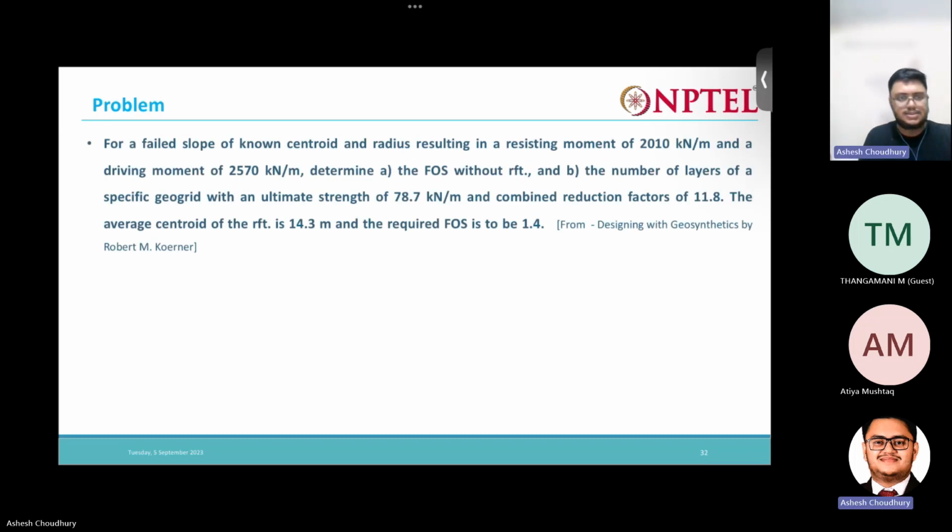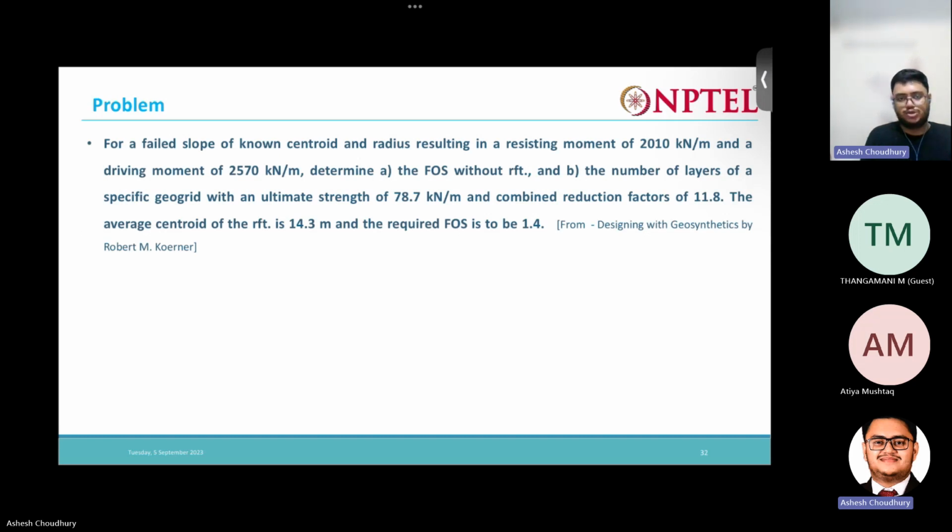Now let us see the next one. For a failed slope of known centroid and radius, resulting in a resisting moment of 2010 kN per meter and a driving moment of 2570 kN per meter, determine the factor of safety without reinforcement.